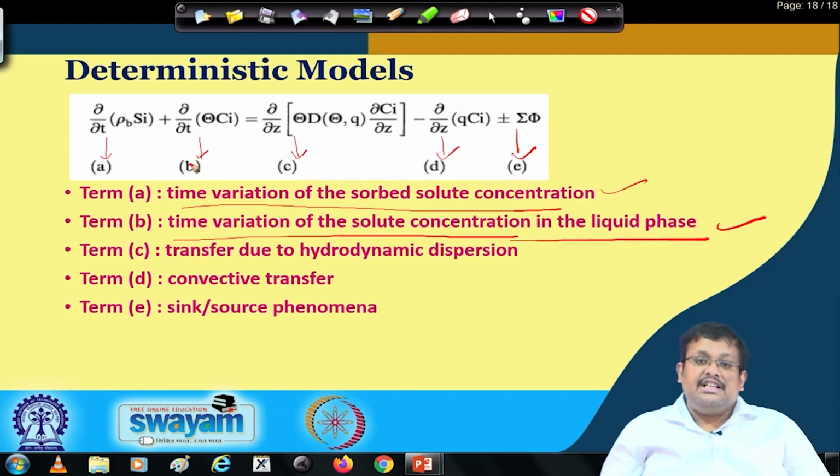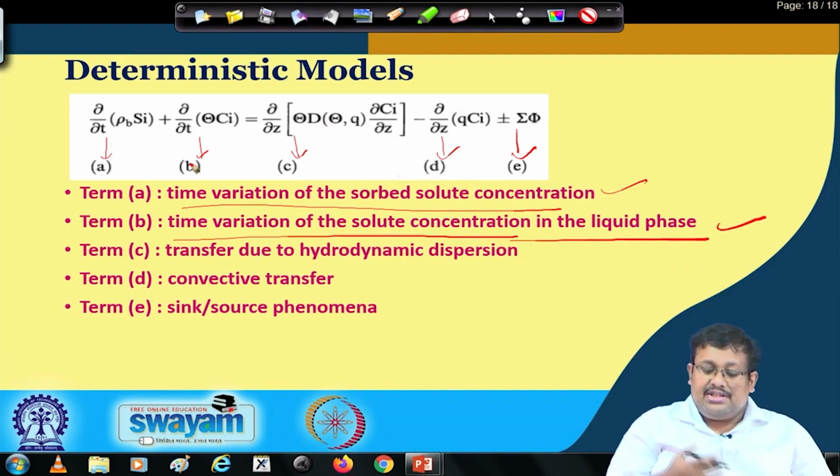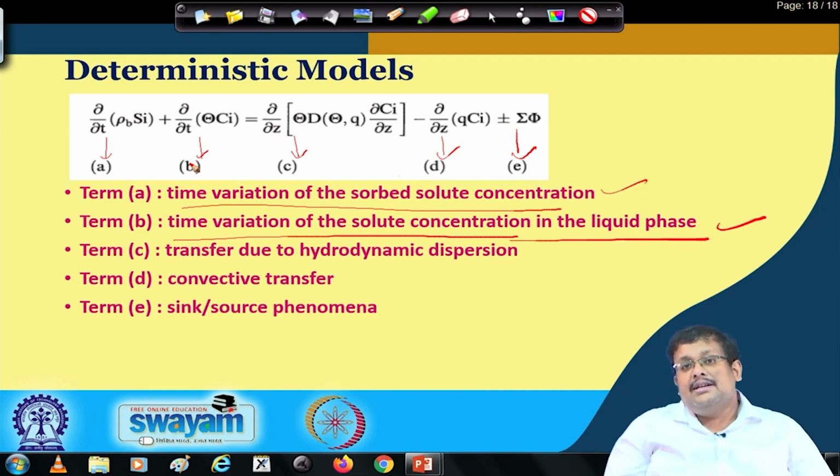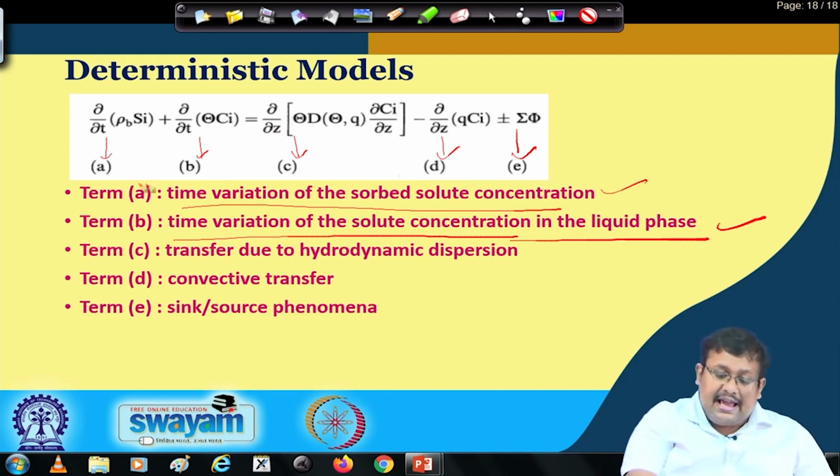So, A plus B shows the variation of the pollutant concentration, whether it is in the sorbed condition or dissolved in the liquid phase. If there is a change, it can be calculated by the summation of these two components.